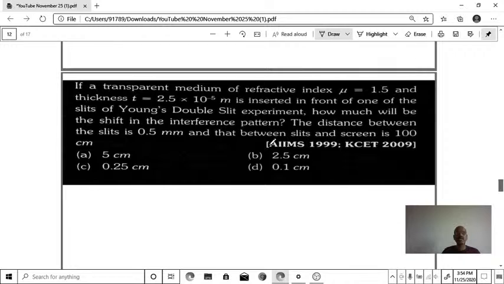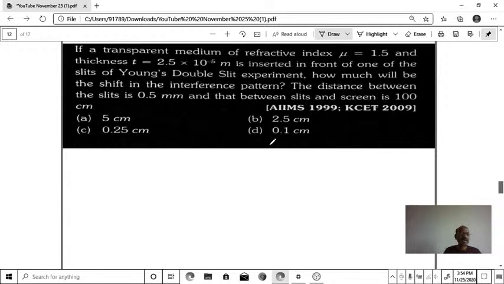Yes, based on this, now let us see the problem. In a transparent medium, the refractive index is given as 1.5 and the thickness is 2.5 into 10 power minus 5 meter, inserted in front of one of the slits.